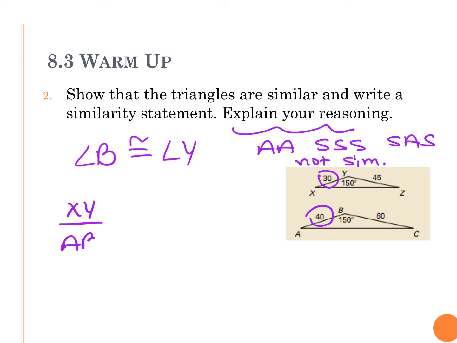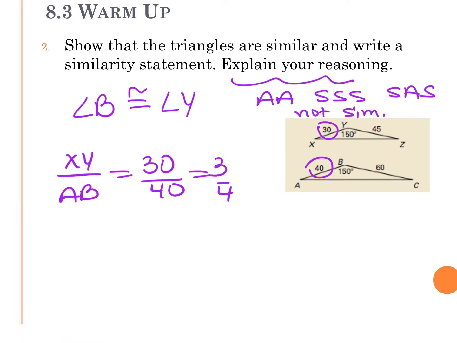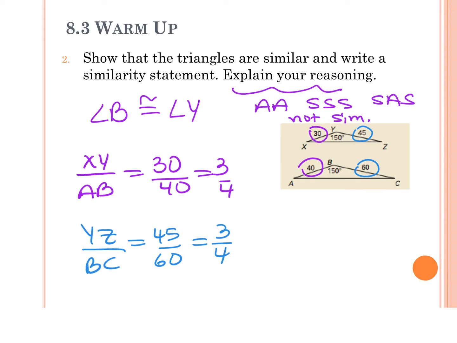So XY over AB, 30 over 40, reduces to 3 to 4. Then the other side, the larger side, 45 and 60, will match. So YZ over BC, 45 over 60, I can divide them both by 15, and it also simplifies to 3 to 4.